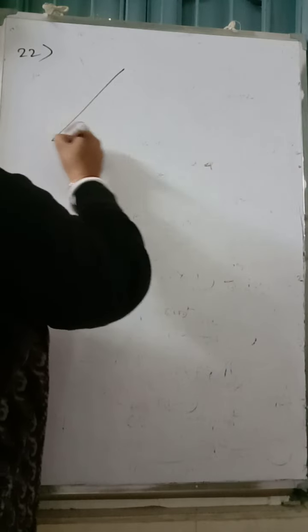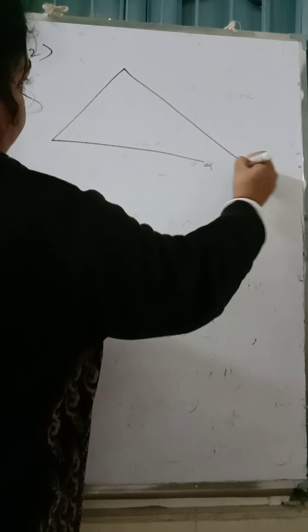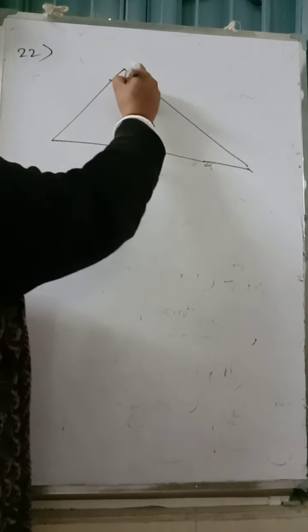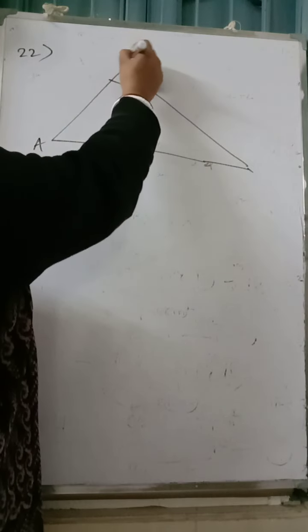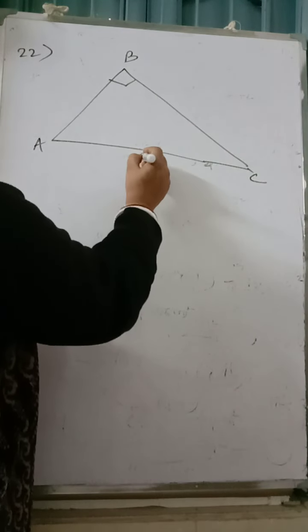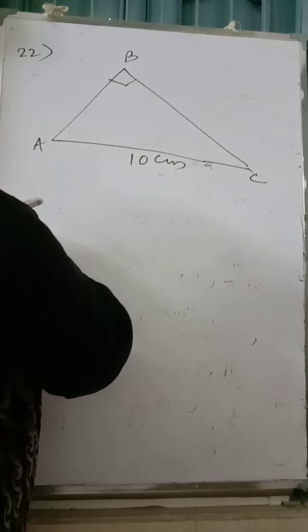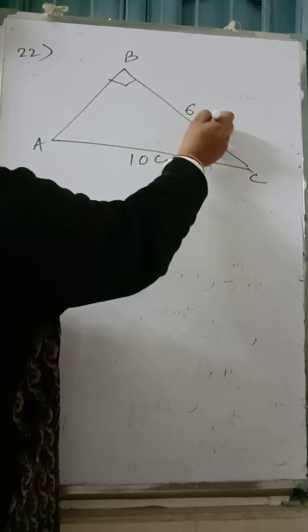Look at question number 22. It says, in a right angle triangle ABC, angle ABC is 90 degree. AC is 10 centimeter. BC is 6 centimeter.